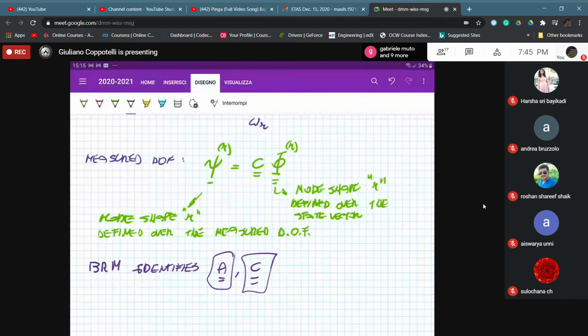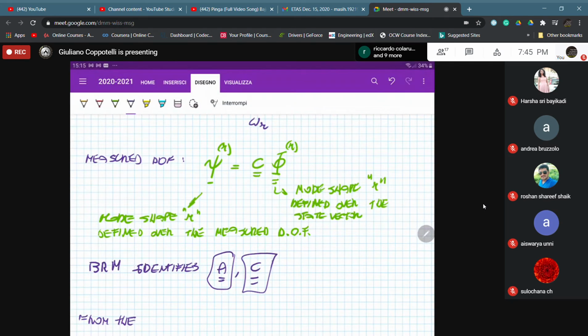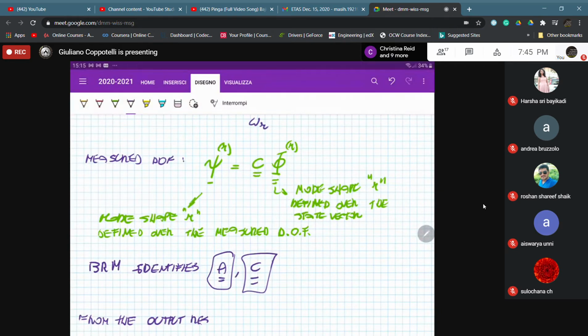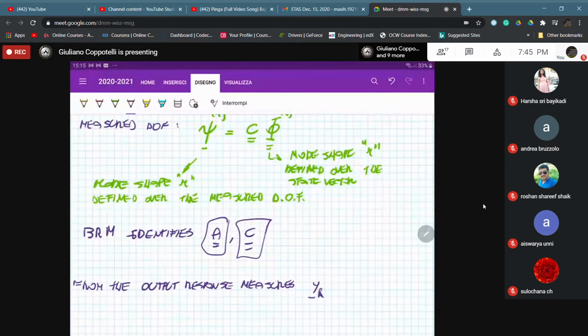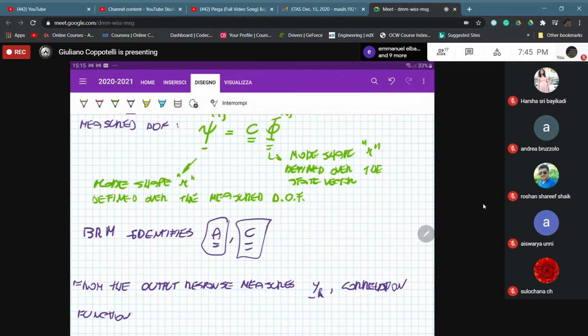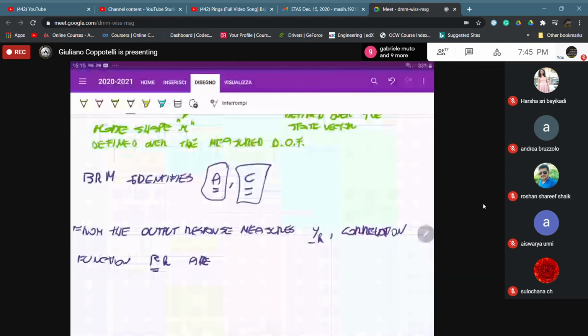We have all the output responses. From the output response measures, these are your y_k, the correlation functions, let me call these R_k correlation function, are evaluated.